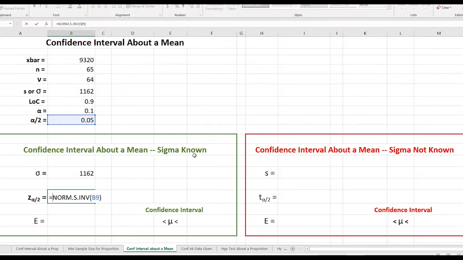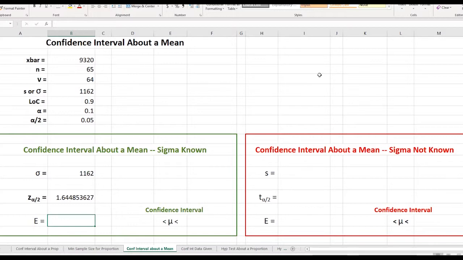So it equals absolute value of norm.s.inv, with an open parenthesis for the norm.s.inv function, close parenthesis for that, and now I close my parenthesis for the absolute value. As I had shown on the problem sheet, that works out to be 1.645.